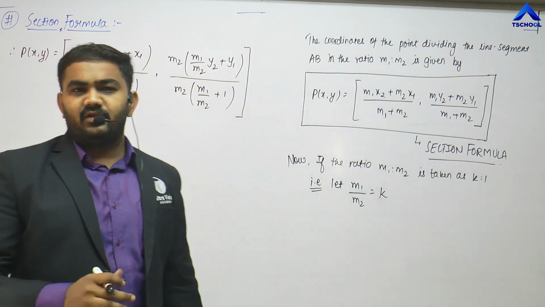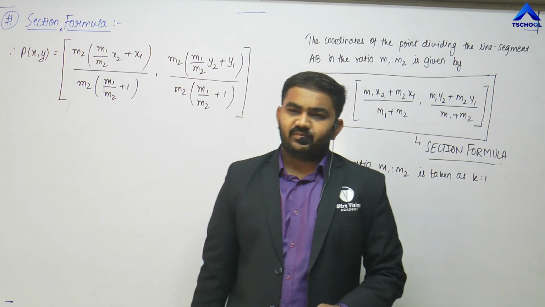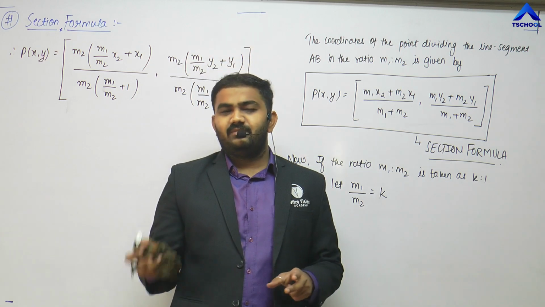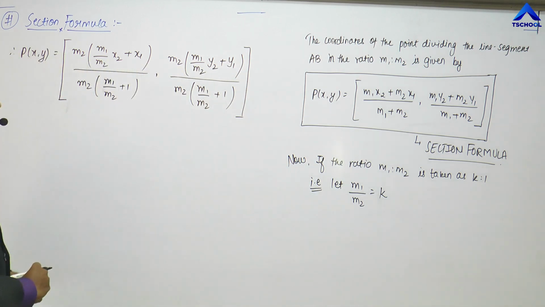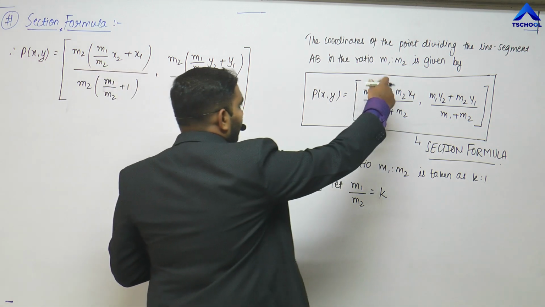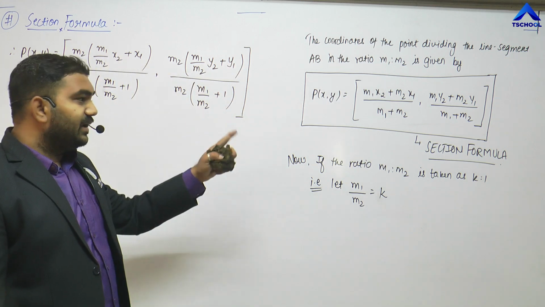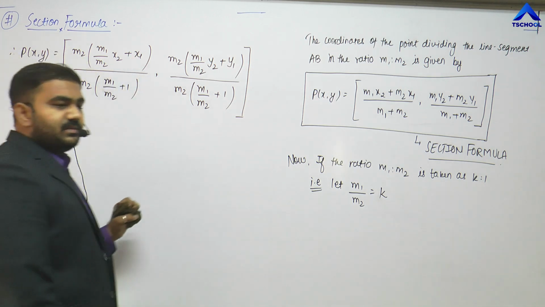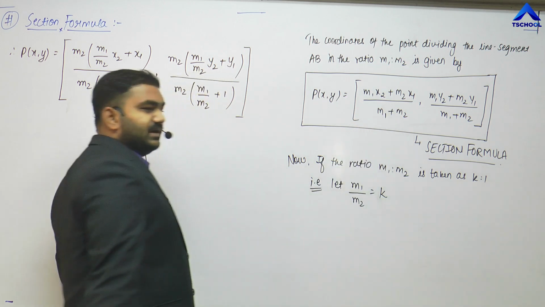And if we want to take a number, a letter or a variable common from a term where it is not present, then you can simply divide that by the same variable you are taking common. So this m1 x2 will become m1 upon m2 into x2, plus x1 remaining, as m2 is already taken out. Similarly in the denominator, if I take m2 common, this will become m1 upon m2 and this is only 1.